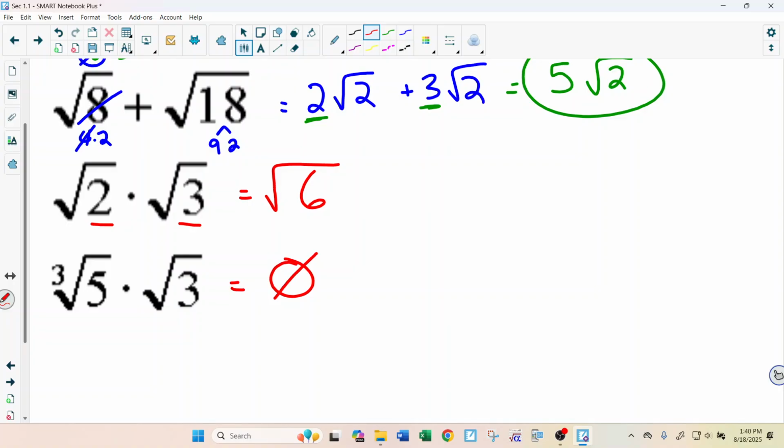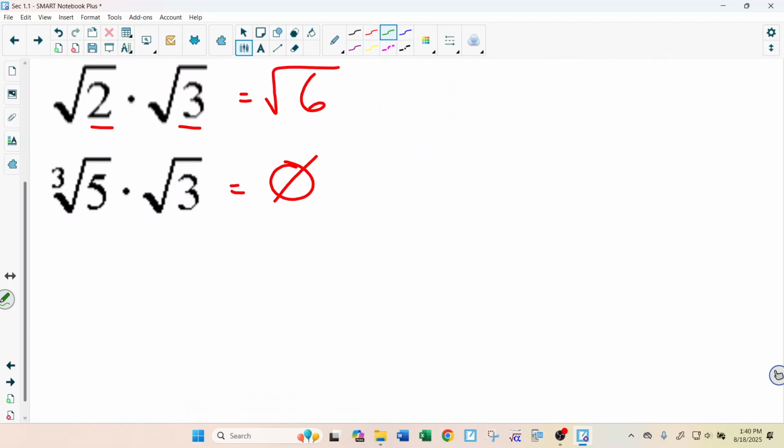Okay? Now, mathematically, we will not necessarily do this unless asked, but if you remember, a cube root can be written as a 1/3 power, and a square root can be written as a 1/2 power. So we could rewrite this, and we could change, think common denominators.